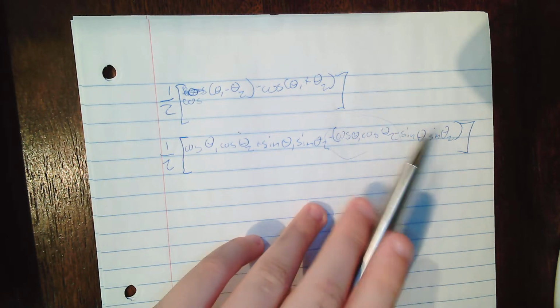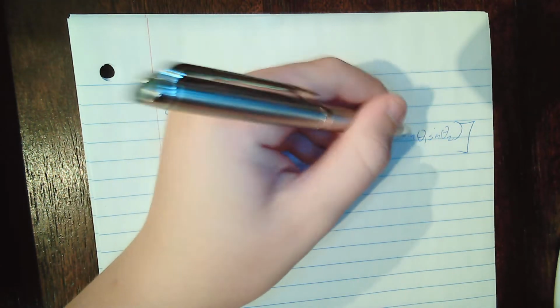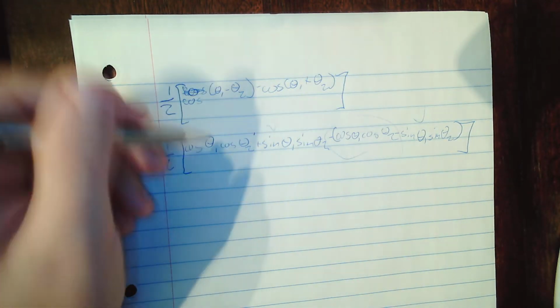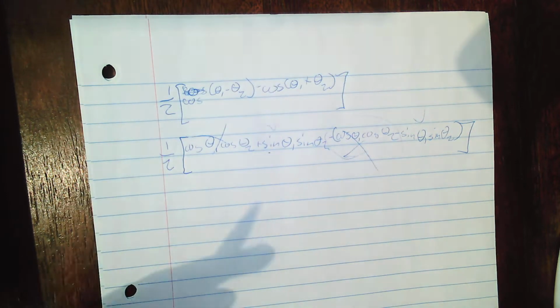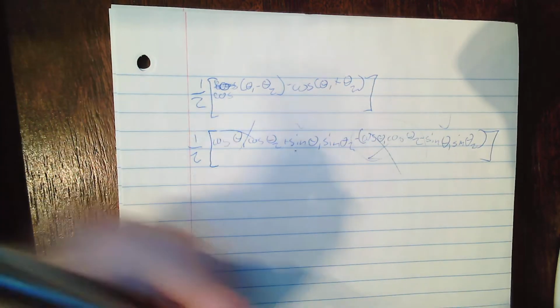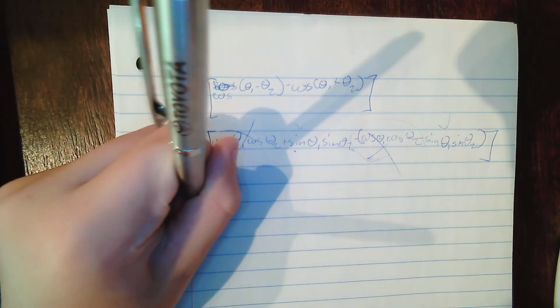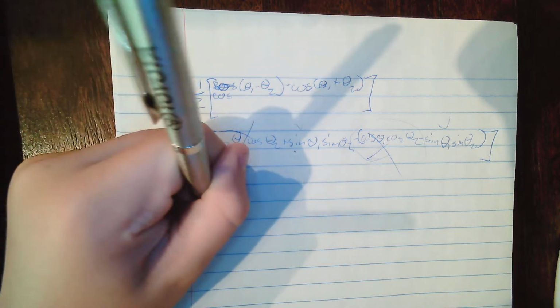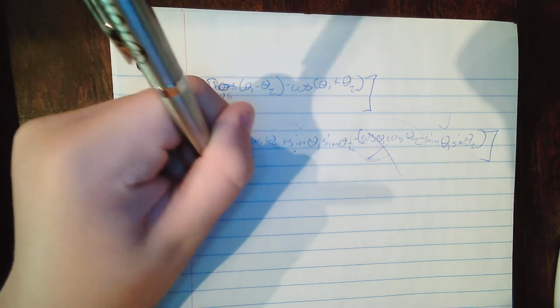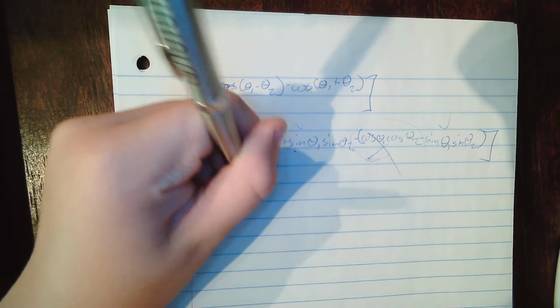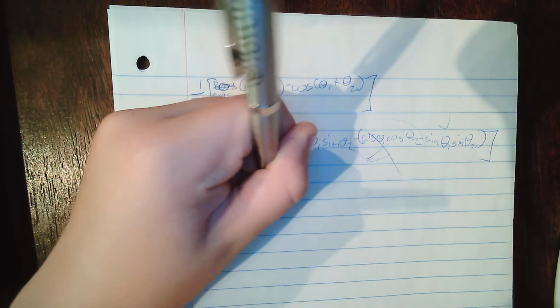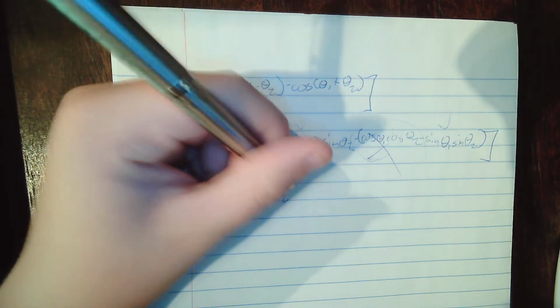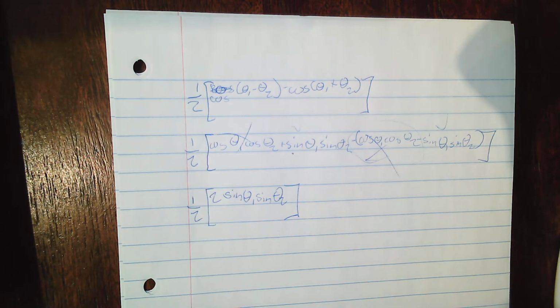So if this is positive, these two are the 2 that remain, and these 2 cancel each other out. So that means that next is 1/2 2 sine of theta 1, sine of theta 2, and brackets.